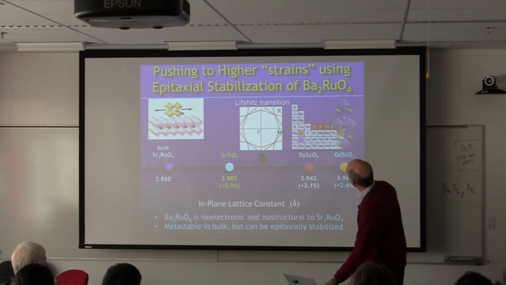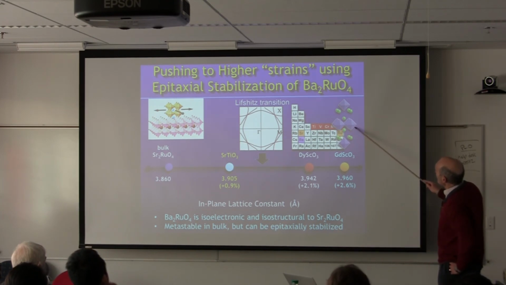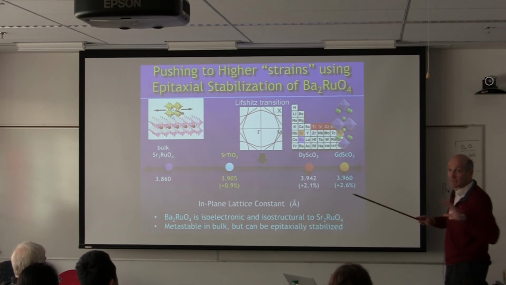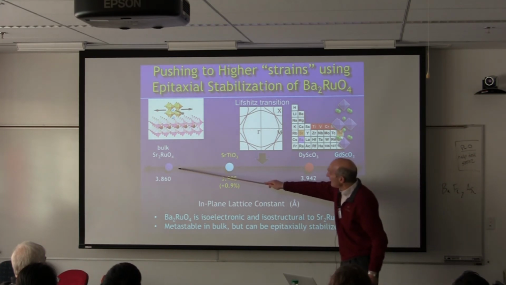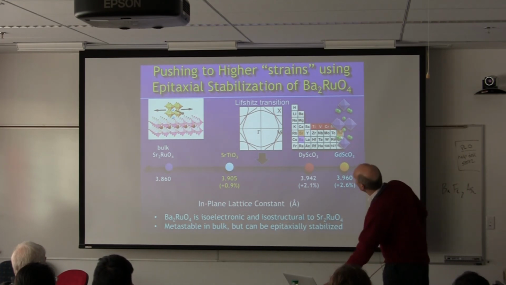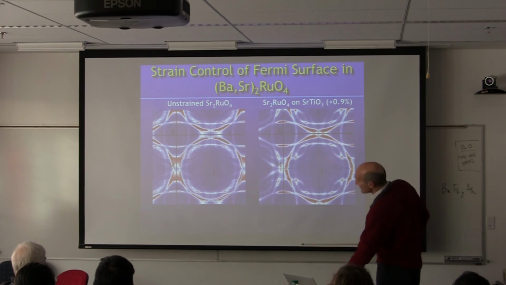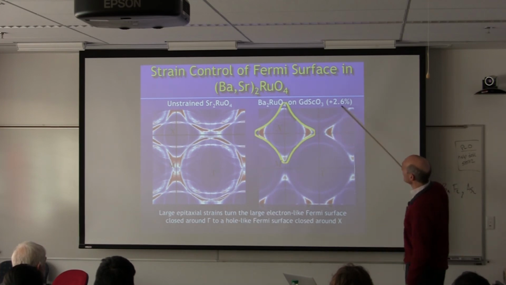So what we did was we switched the chemistry slightly. We kept the ruthenium oxide planes, but we switched from strontium to barium, which is a larger lattice constant. The ruthenium oxide plane is staying the same. So in thinking about how we're straining the ruthenium oxide plane, it looks just like this number line that I'm showing. And now I'm going to show you going from the strained strontium ruthenate to the barium ruthenate 214 that's strained even more.